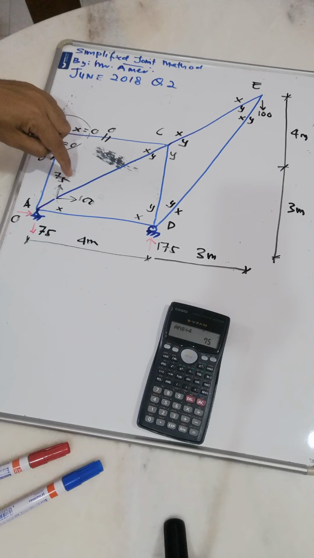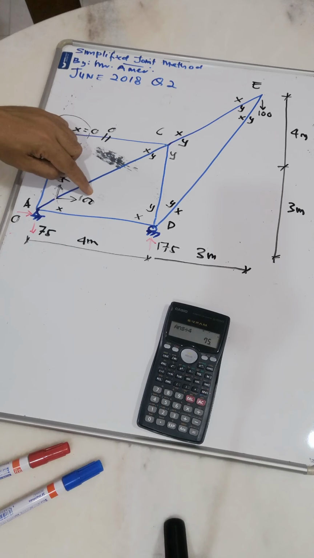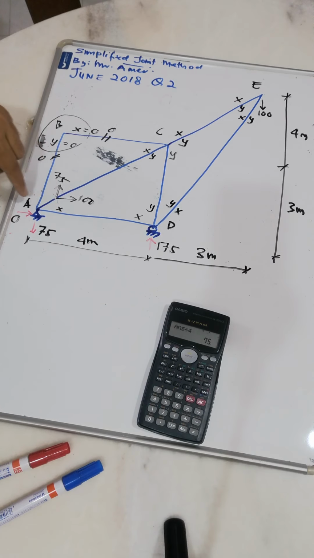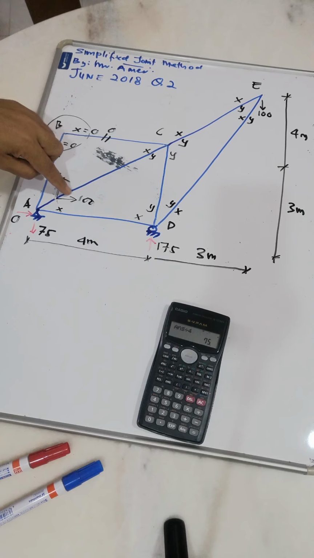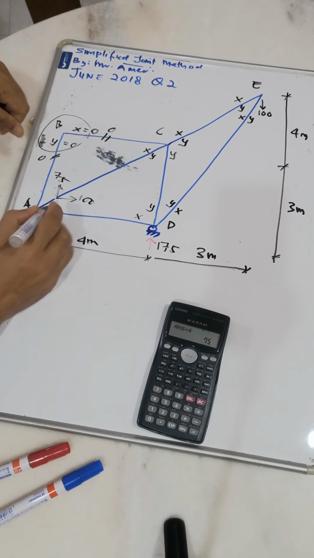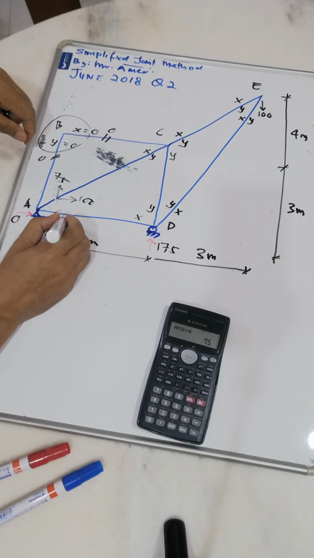It means you have determined Y and X. So one unknown is left at joint A, which is in the X direction. So 100 kilonewton to the right is balanced by 100 kilonewton to the left.